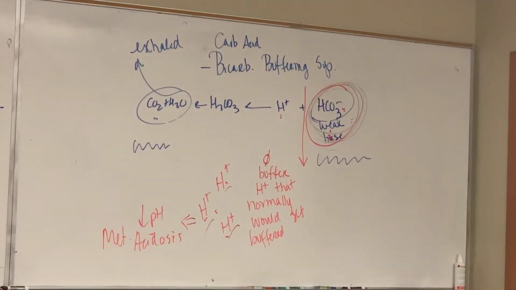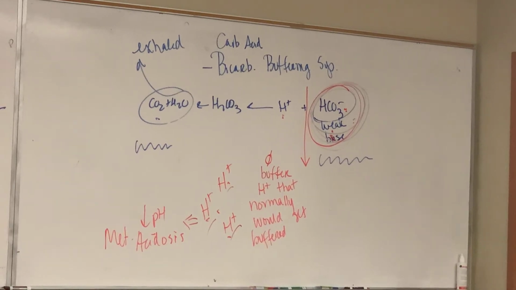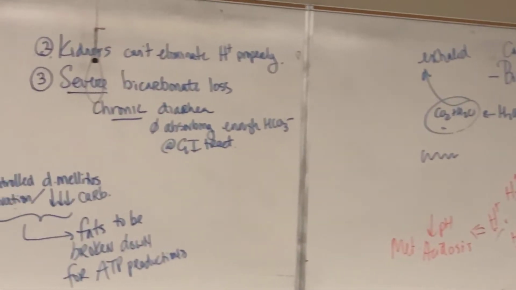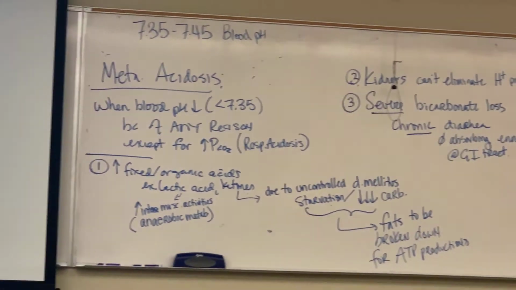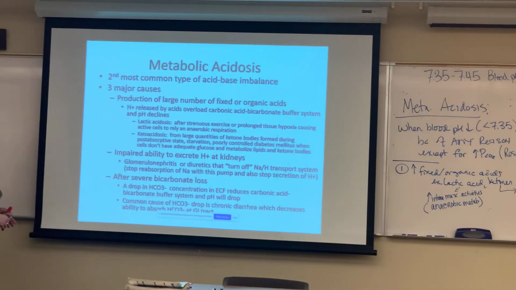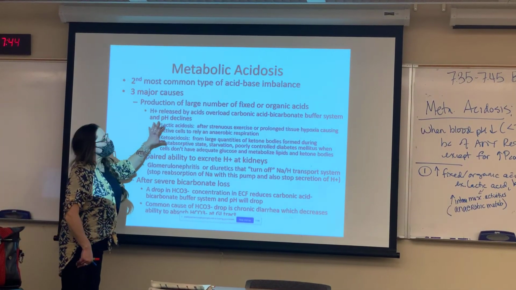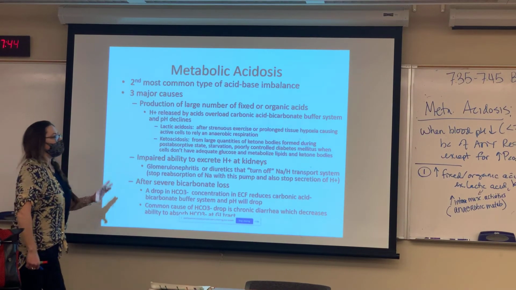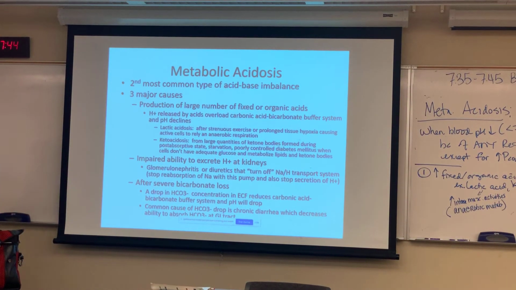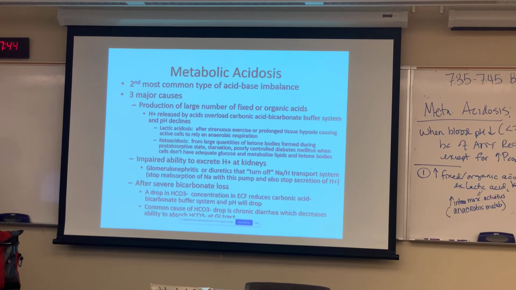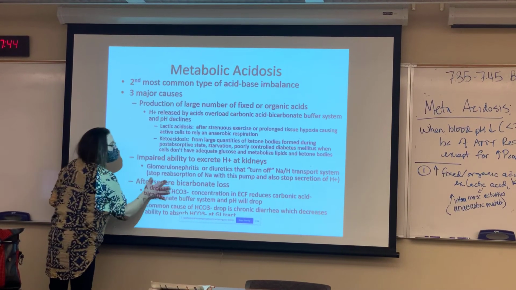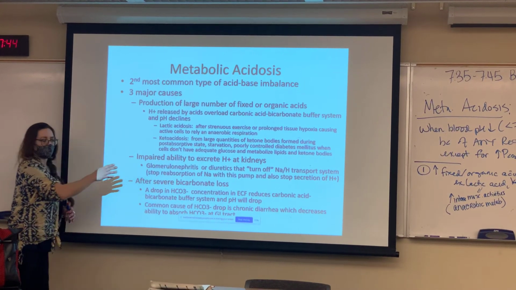So now the question is, how do we try to fix this problem? Now, because we have a few different reasons this could happen, when we think about how to fix it, we have to think about this one separately from these two, okay?